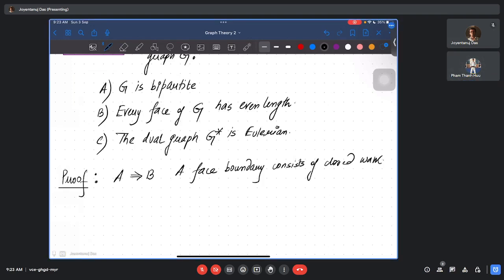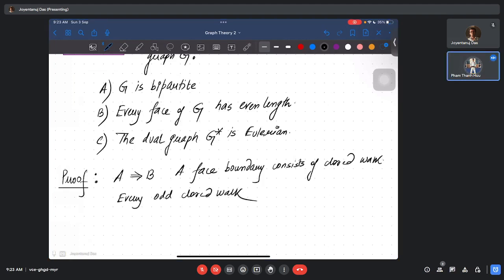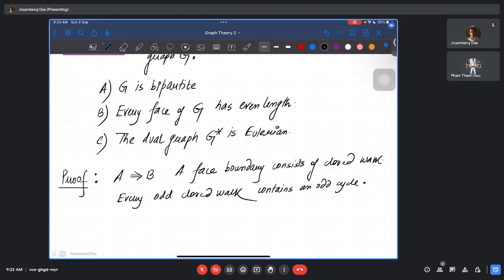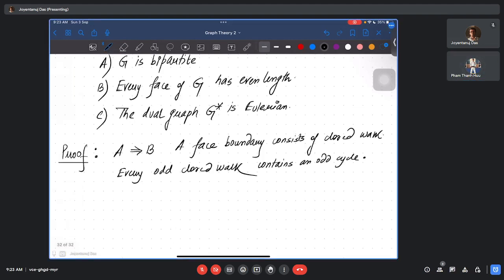Now every odd closed walk contains an odd cycle. Other than that, we cannot have an odd closed walk. But a bipartite graph cannot have an odd cycle, by definition, right?